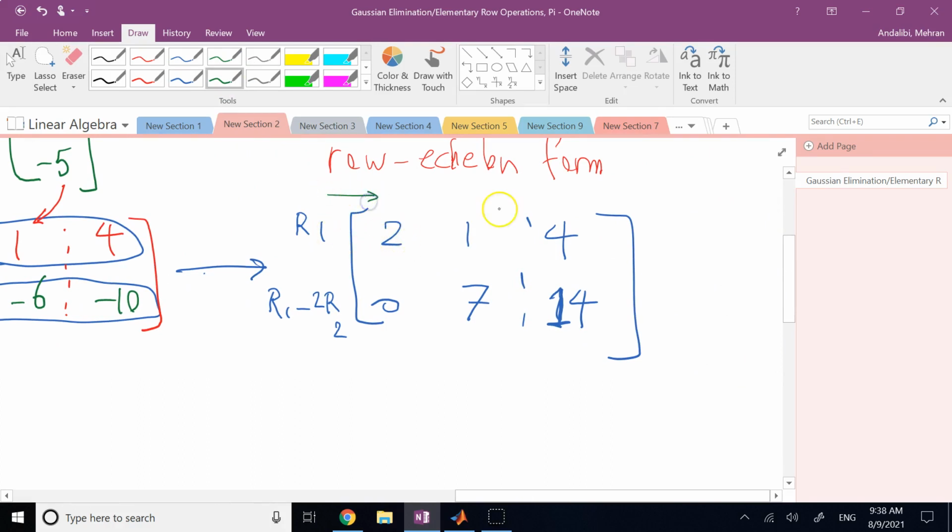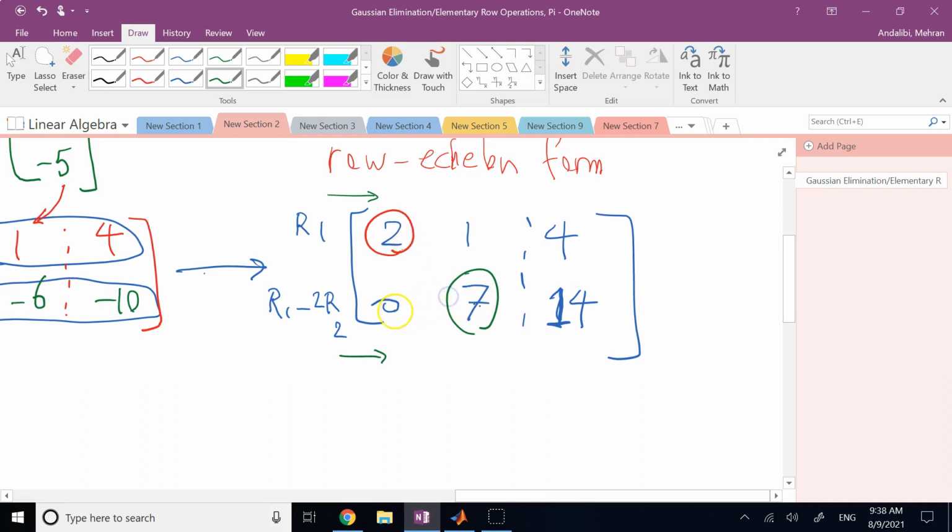When you look from left to right, what is the first element in this row that is non-zero? Well, that's this one. What about the second row? That's this number 7. Now this number 7 is strictly to the right side of 2, which is above it.